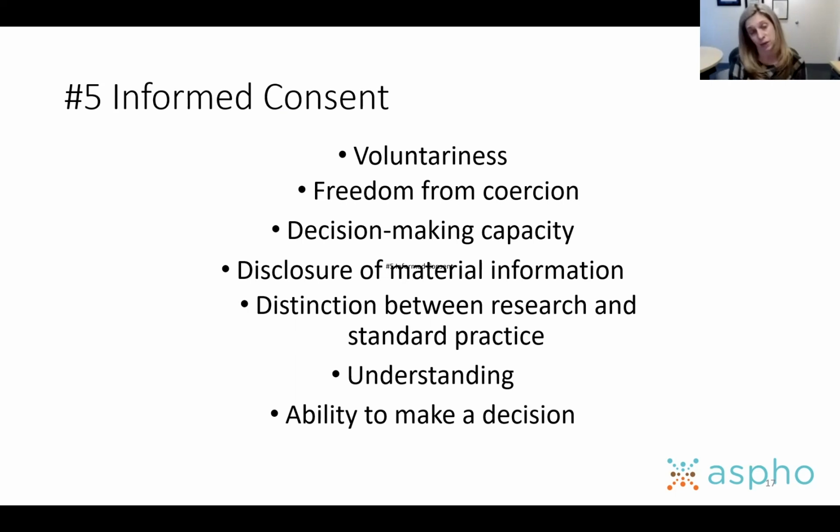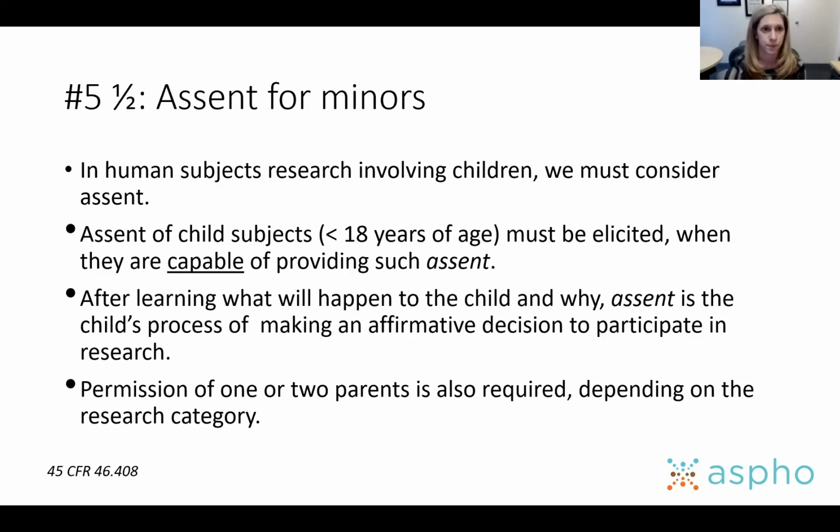Informed consent means that the individual can understand all that's been shared with him or her, and that person has the ability to actually make a decision when all the information has been shared.